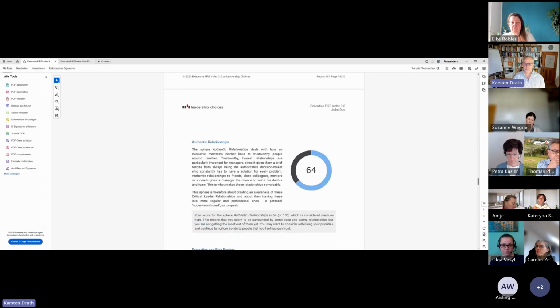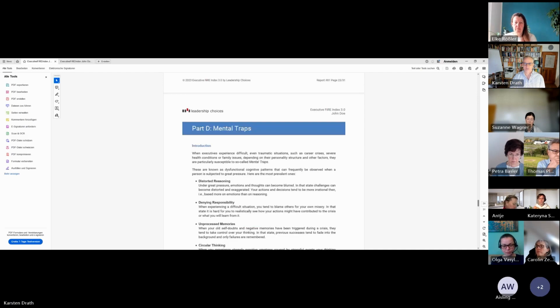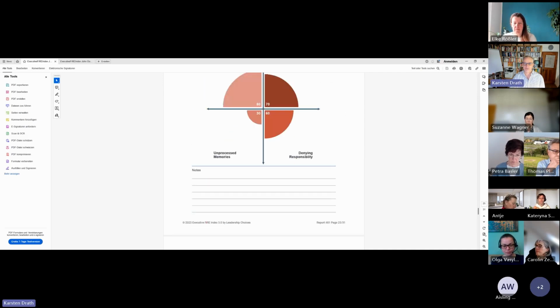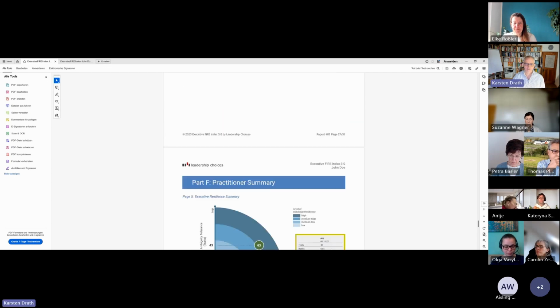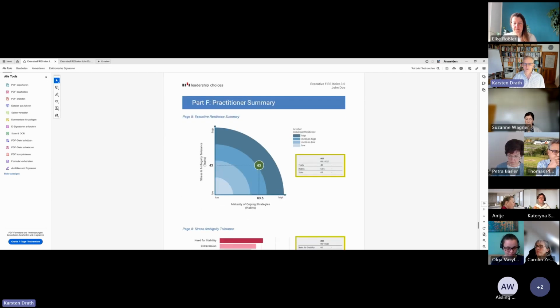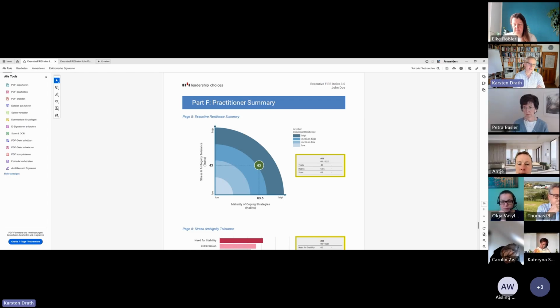Part F is a summary of all the key constructs. Part E is where all the reflection questions are, and then we come to part F. Part F is only directed to you guys. Ideally, a normal client wouldn't go through it because they can't make sense of all the graphics in here.